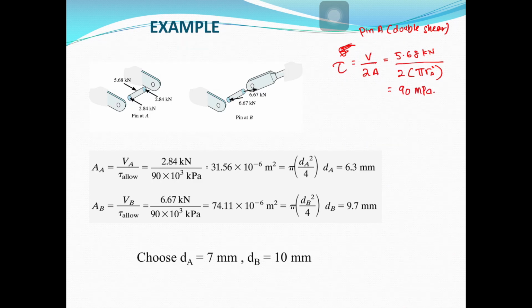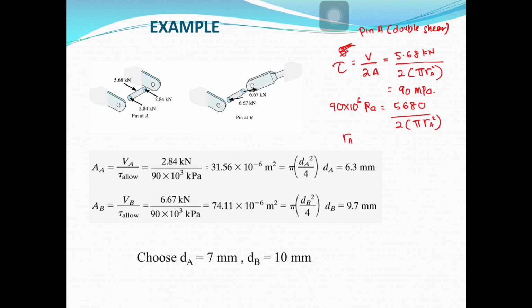Okay, so you can find the rA. So 90 times 10 to the power of 6 pascal is equal to 5680 over 2 pi rA squared, right?